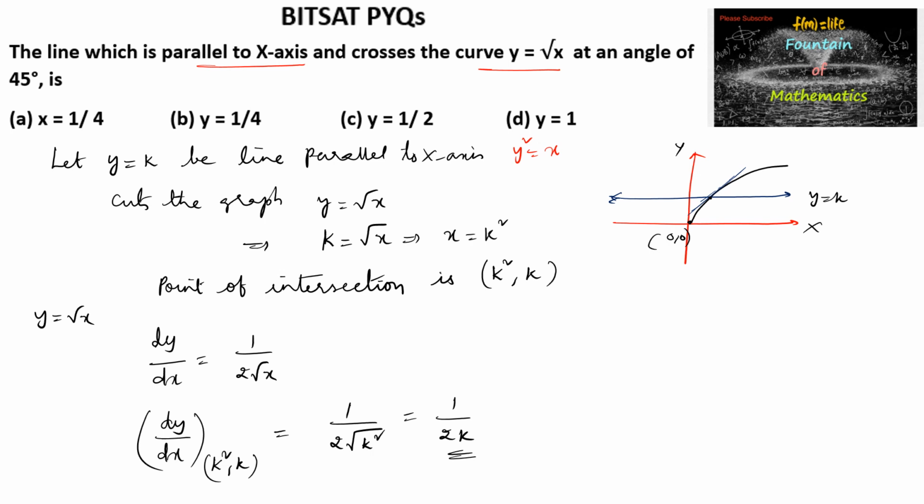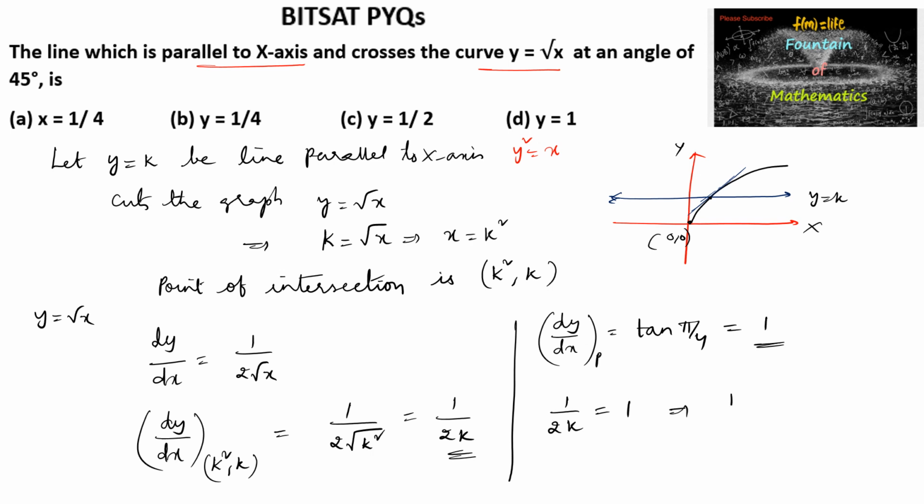And the slope is given, dy by dx at the point is given 45 degrees. The slope is given tan pi by 4, which is equal to plus 1 or minus 1. So we can consider 1 upon 2k is equal to 1, or k is equal to 1 by 2.